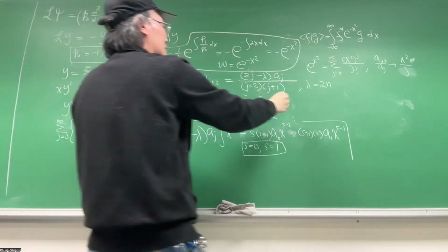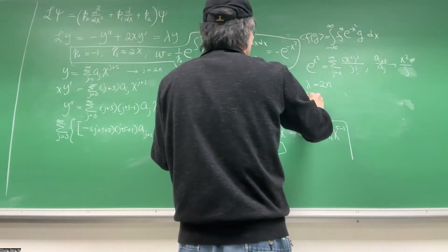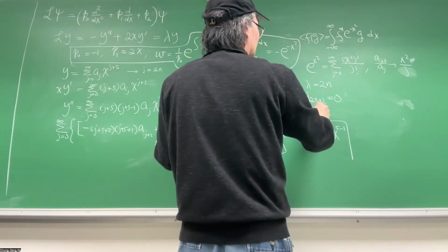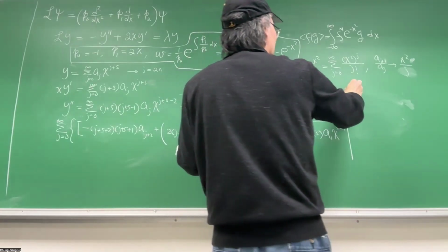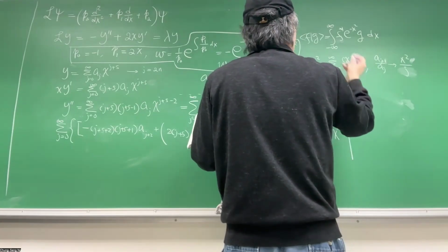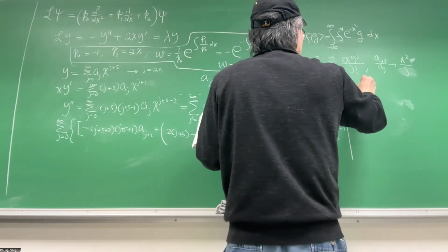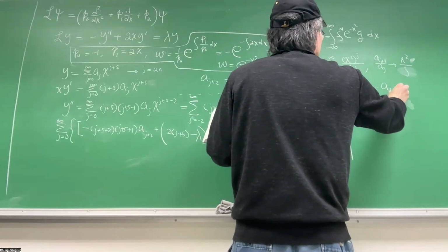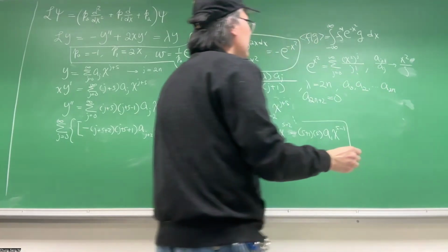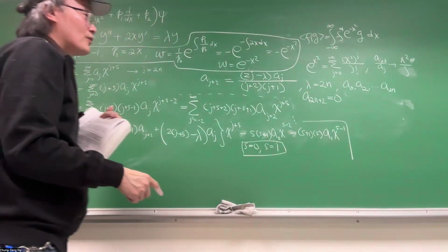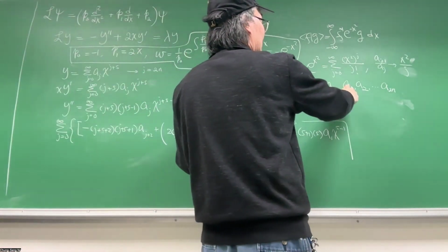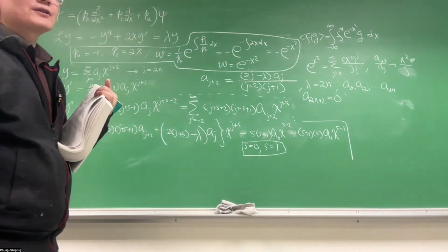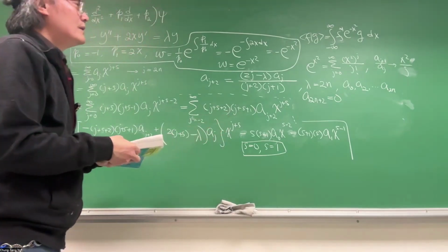So a sub n plus 2 will be 0, and so on. So only finite from a sub 0 to a sub 2, all the way to a sub 2n. If you choose lambda equal to 2n, then you have all these terms non-zero, but the rest of the coefficients will be 0.